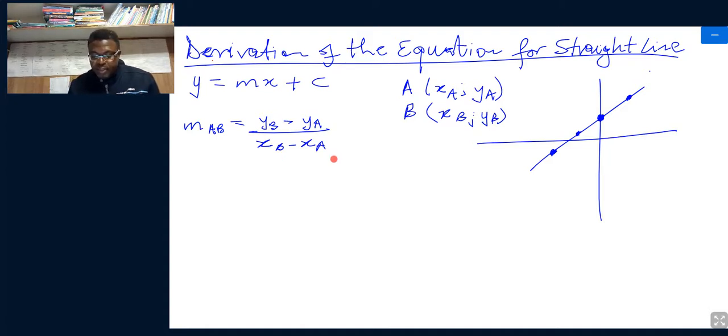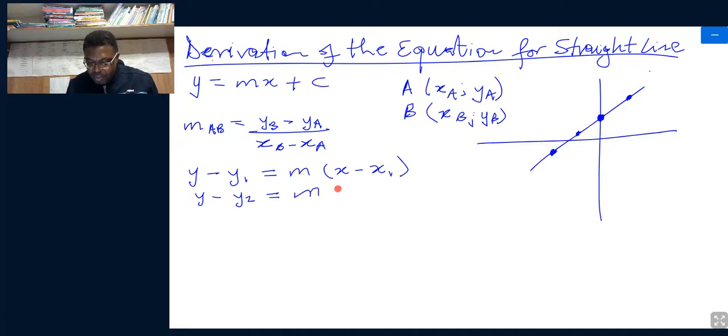Now we have our gradient. We are going to select one of the points to use. I can select B, or I can select A. We have calculated the gradient. So the equation for determining a straight line is y minus y1 is equal to the gradient into x minus x1, or y minus y2 is equal to m into x minus x2.